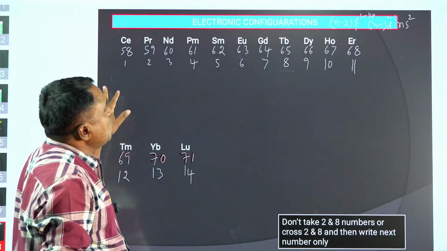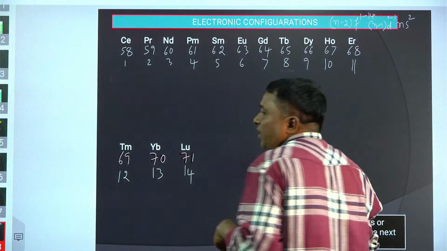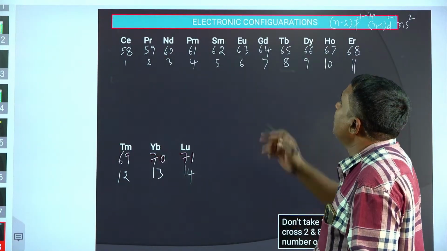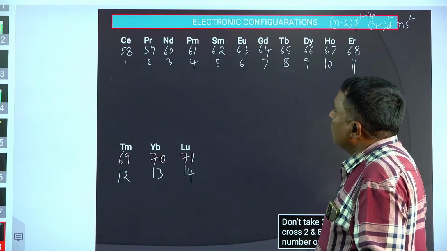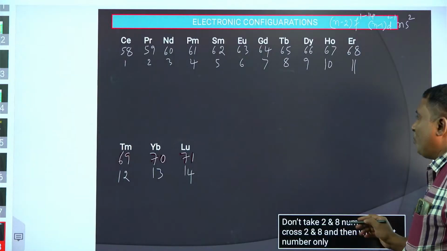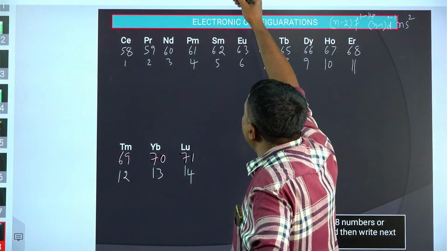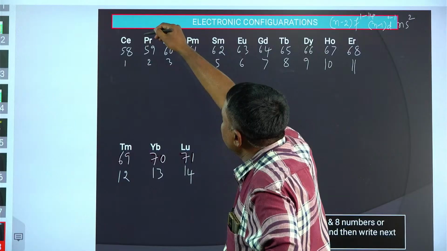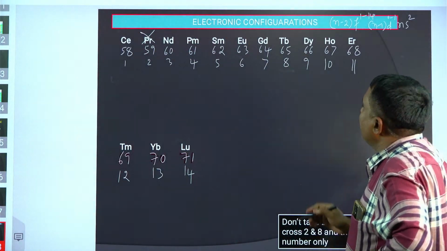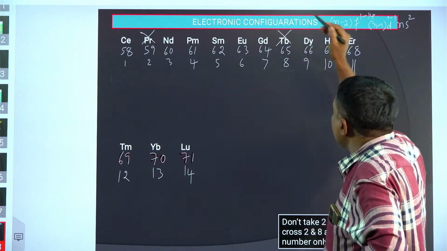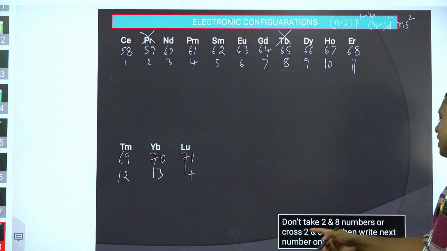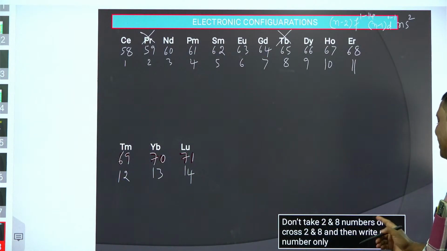Therefore, to write the electron configuration in the correct way, you have to follow this trick. Don't take the numbers 2 and 8, cross out 2 and 8, then write the next number only.